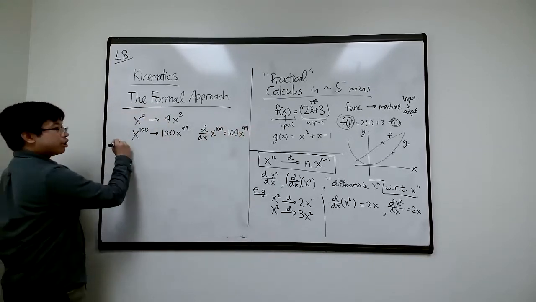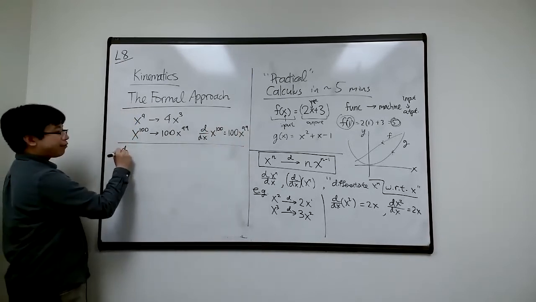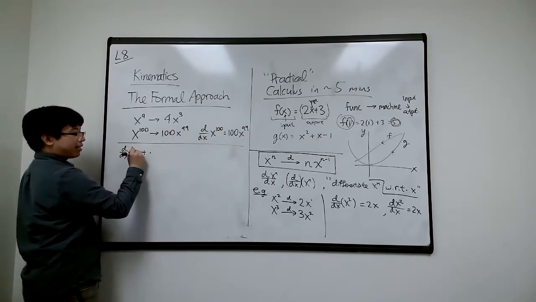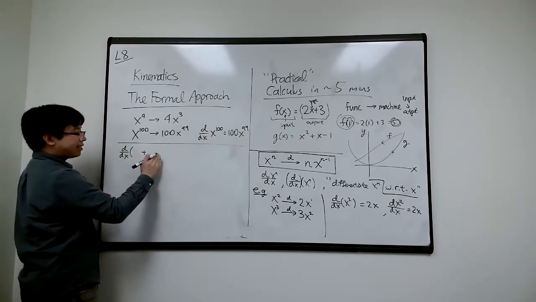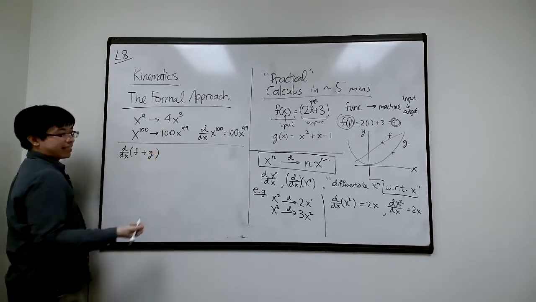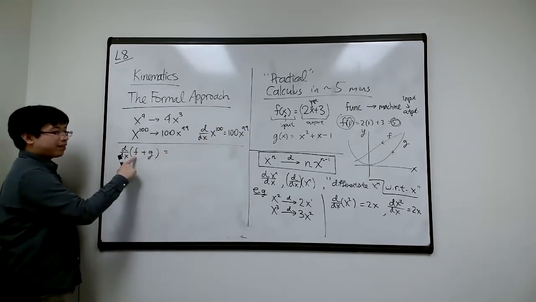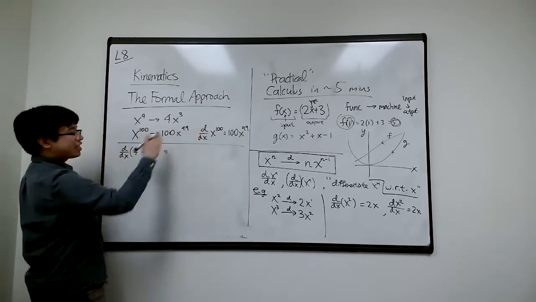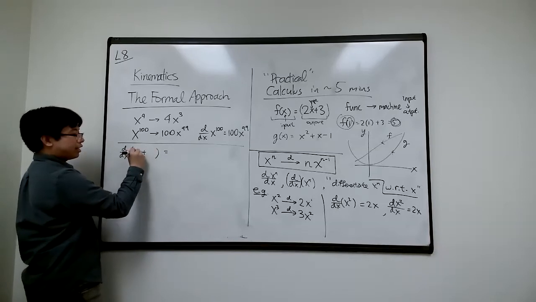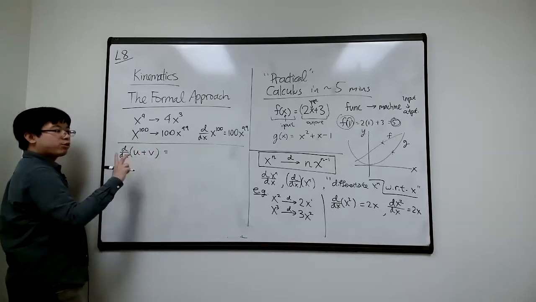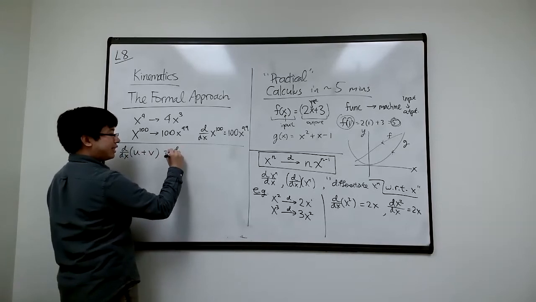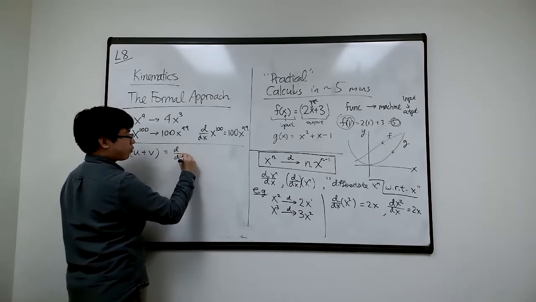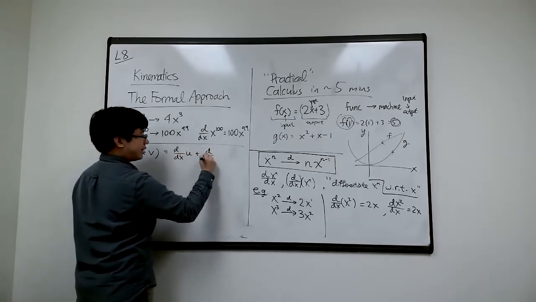Okay, now two rules over here. If I'm differentiating something plus something, let's call it a and b or f and g, so x squared itself could be a function, right? If I differentiate, let's not confuse ourselves with f and g. Let's call it u and v, right? So if you differentiate the sum of two things, it's the same as du dx plus d dx of v.